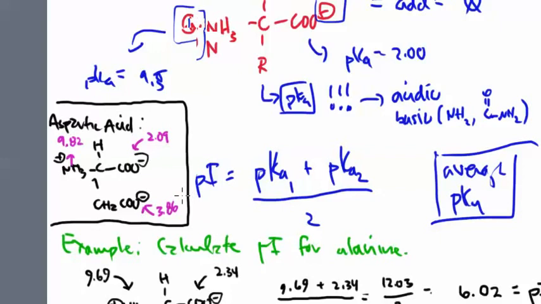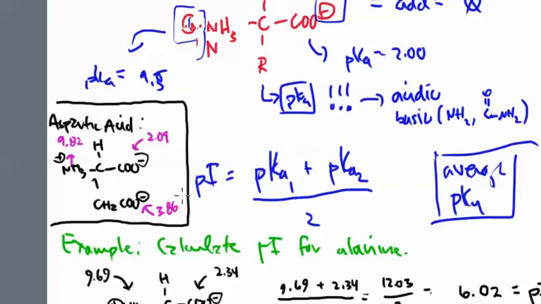You do not, and I repeat, you do not take all three of these values and average them. That is not what you do. What you do is you take a look at your choices that are given to you on the sheet of paper, and here they are, and you take the ones that are the closest in value, and you average only those two. So you still average only 2 points.